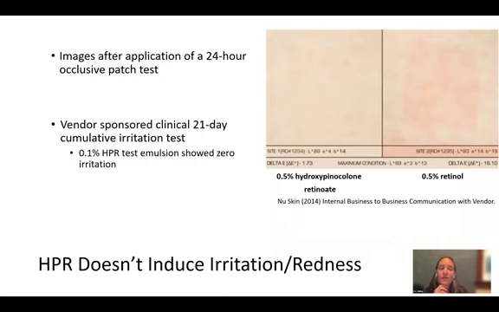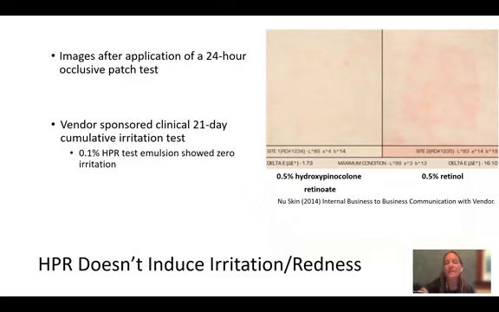And here is another, and this ingredient doesn't cause, again, the type of irritations that are commonly associated with retinoic acid or even retinols or retinaldehydes. In this test, they did a 24-hour occlusive patch. So this means that they put the product on the skin and then they covered it so it can't even evaporate. You can't get any of that flash off.